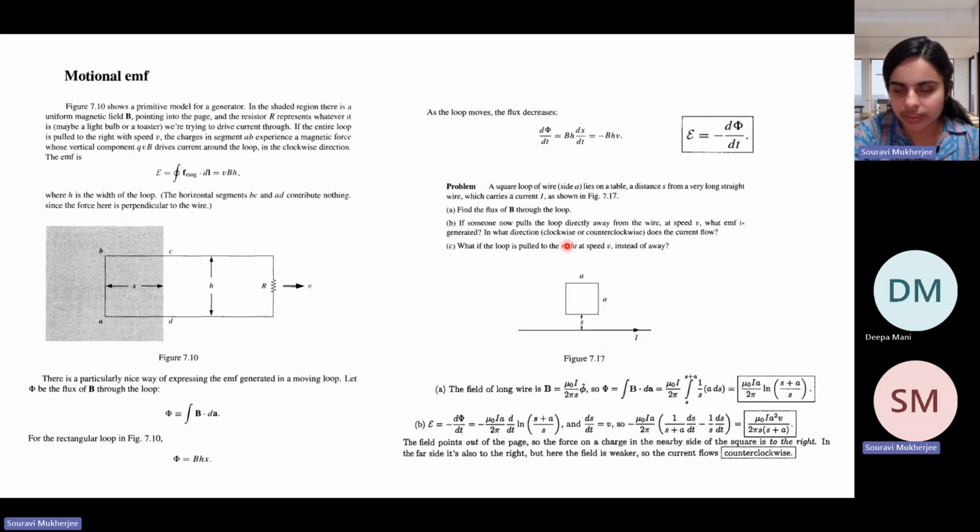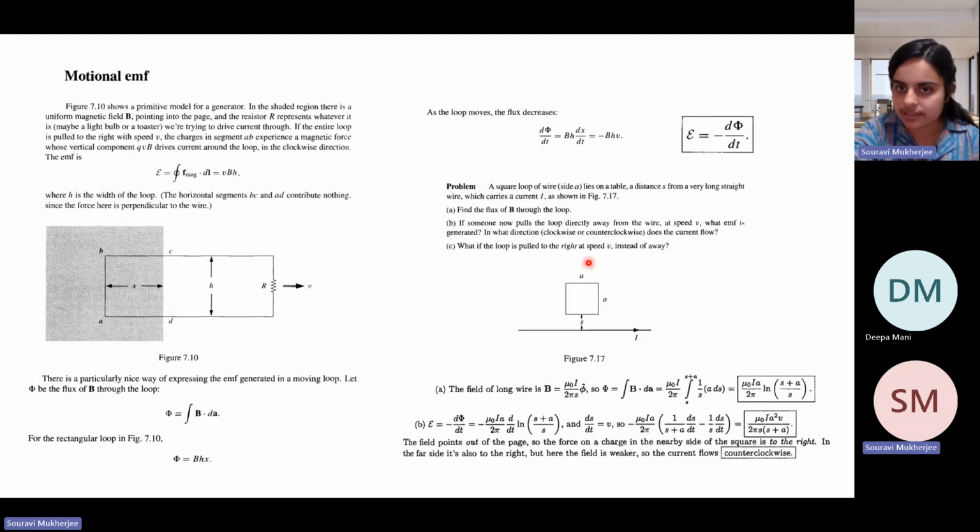Now, if you want to ask in what direction the current is flowing, how do you do that? That comes from the direction of the field lines. What would be the field lines here? Here the field will point outside the page. When you are moving this away, the force will be towards the right, both along this side as well as this side, right?